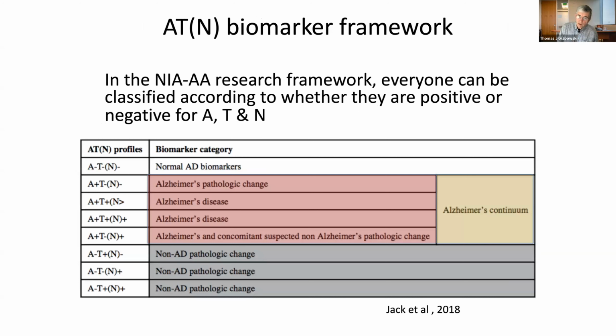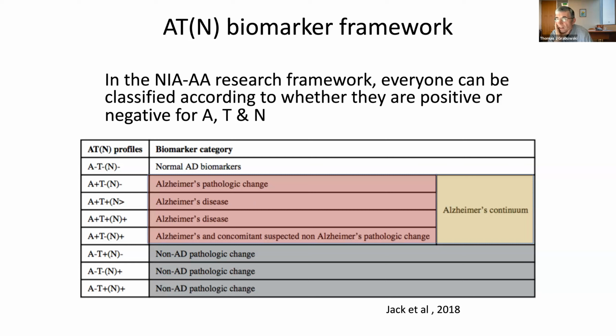And the ATN biomarker framework, as Cliff Jack and colleagues have described it, basically you have three binary markers, A, T, and N. If you have a positive A marker, positive amyloid marker, that puts you on the continuum of Alzheimer's disease. And if you also have a positive tau marker, T marker, then that's Alzheimer's disease full stop.